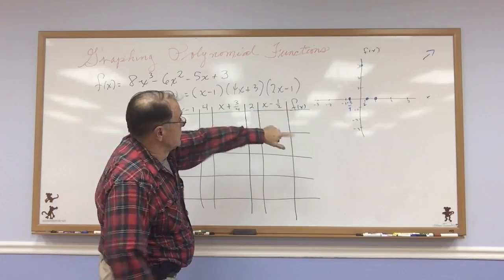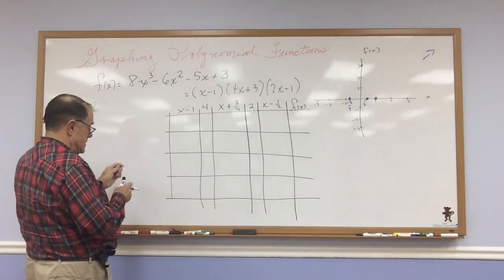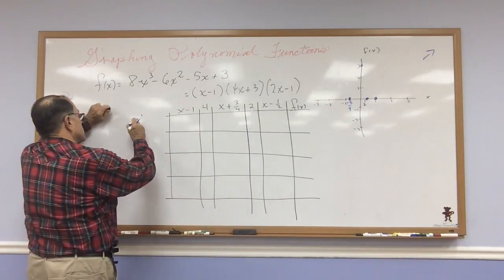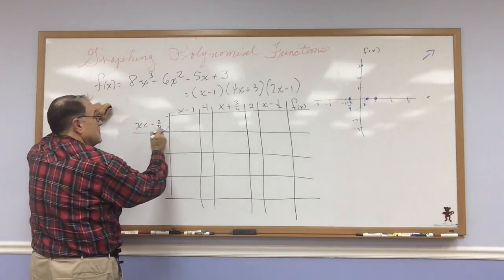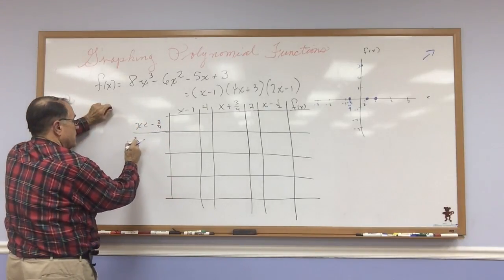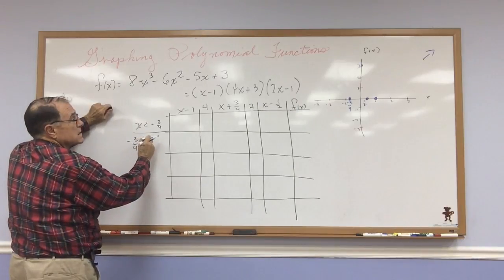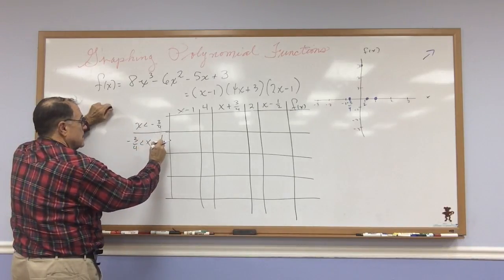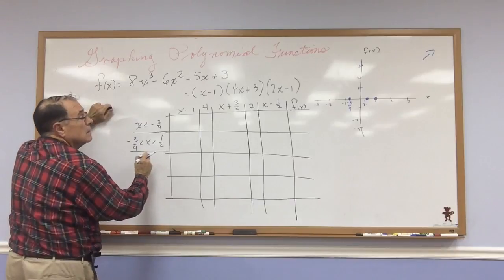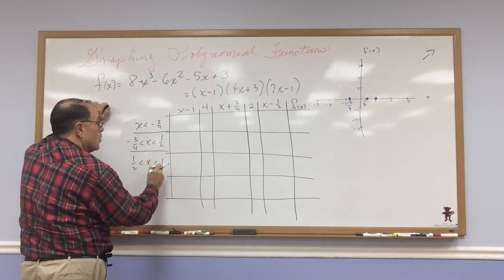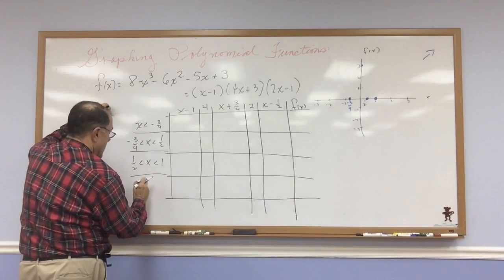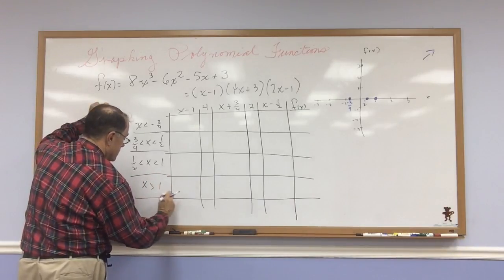Now my intervals would be x is less than negative 3/4, negative 3/4 is less than x is less than 1/2, 1/2 is less than x is less than 1, and x is greater than 1.